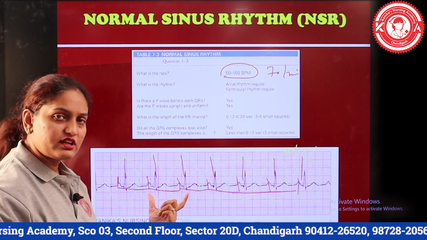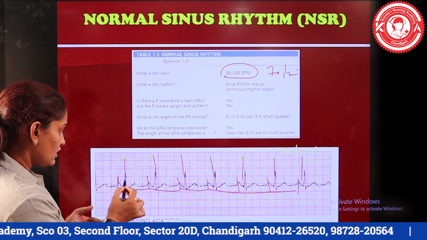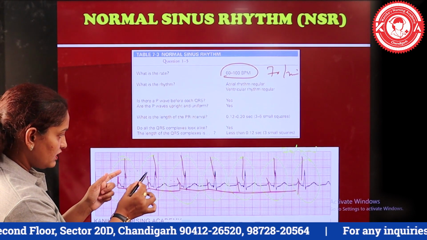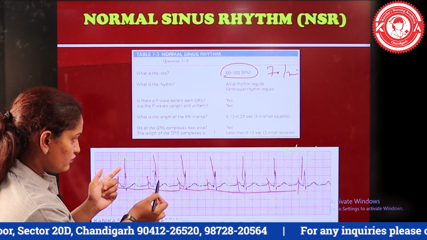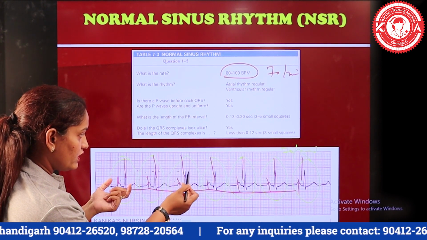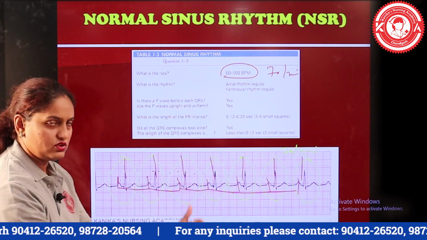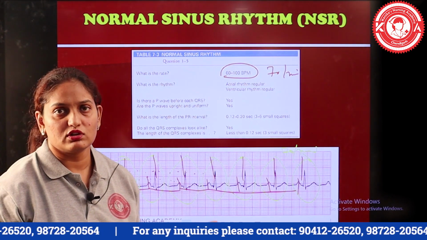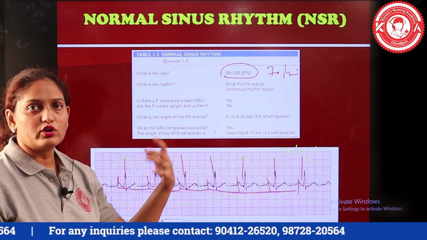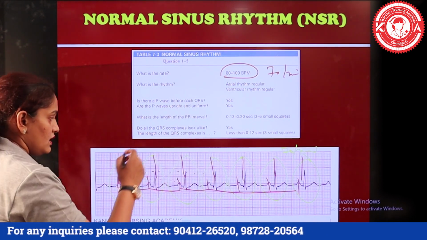So atrial rhythm is regular. In case of ventricular rhythm, again the R to R distance is to be measured: 1, 2, 3, almost 3.5 again, 1, 2, 3, 3.5, 1, 2, 3 and a bit more than 3. So ventricular rhythm is also regular. Since it is a normal sinus rhythm, everything is going to come out normal.